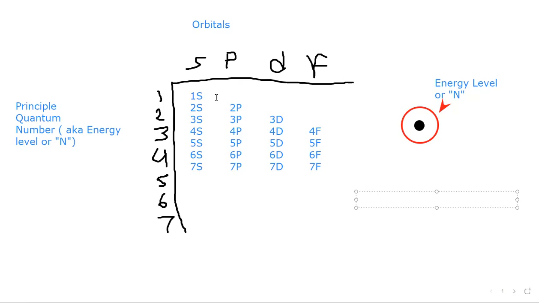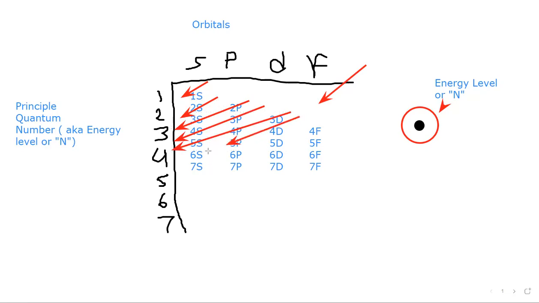So yeah, the order is this, and this is what I want you to remember. It's always going to go in this direction. So it's 1s, then 2s, then 2p, and 3s, then 3p, 4s, 3d, 4p, 5s, and so on.